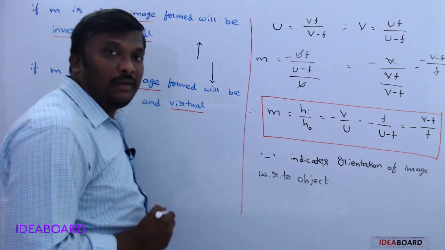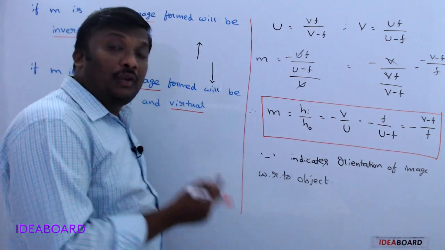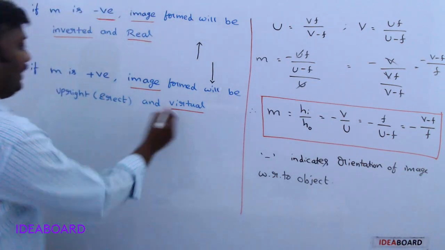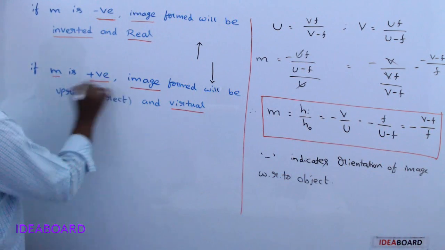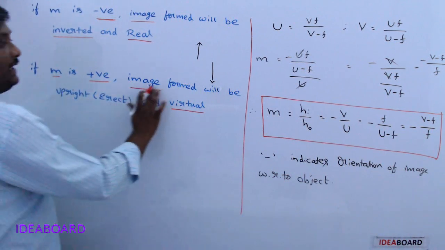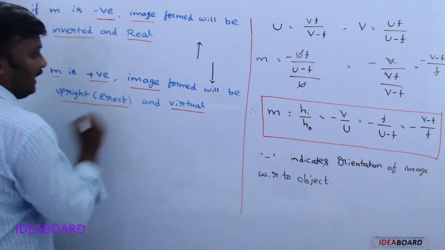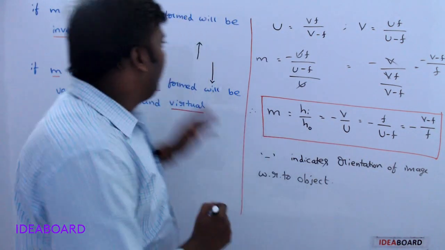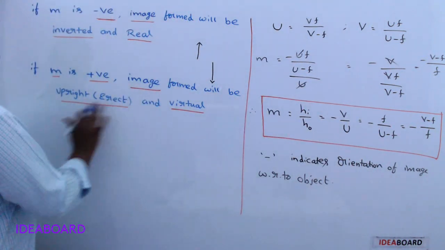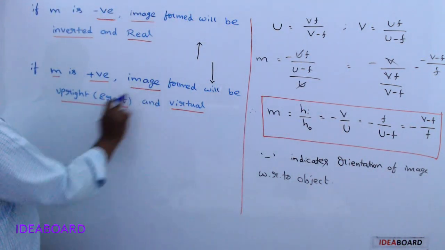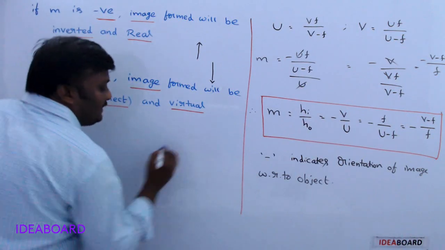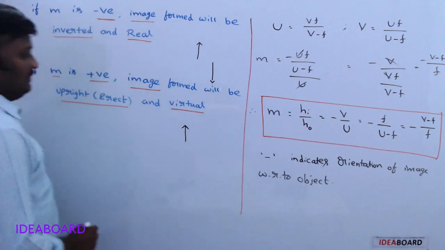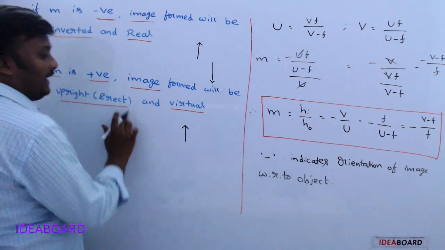For a virtual object, we can get the real image. Do you understand? If the m value is positive, then the image will be erect and virtual. Let us see the meaning. The image formed will be upright. So if it is the object, then the image is also erect.